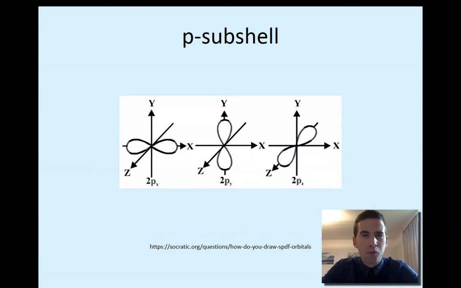Now if we look in a little bit more detail at these orbitals, you see the first one, px, is along the x-axis. py is along the y-axis, and pz is along the z-axis. So these 3 orbitals combine to form the P subshell, but each orbital takes up a different space around the central nucleus.